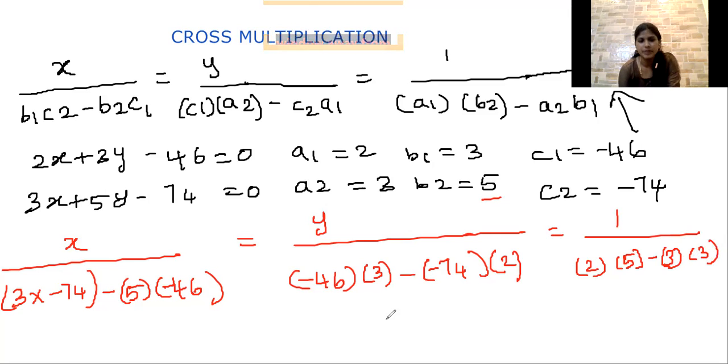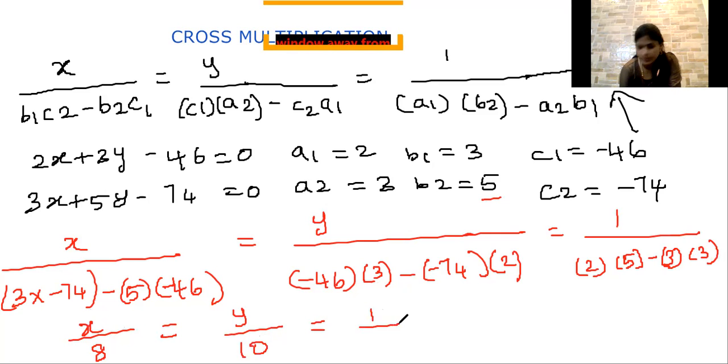So we have to simplify this. After the multiplication and subtraction, we'll be getting the value as 8, and y divided by 10, and 1 divided by 1. You have to multiply these two, similarly multiply these two, and then perform subtraction.